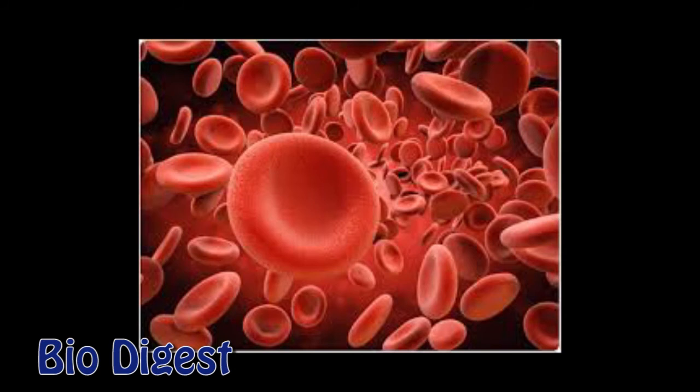Mammalian red blood cells lack nucleus, mitochondria and endoplasmic reticulum. Loss of nucleus makes the red cells biconcave, thus increasing their surface area to volume ratio for absorbing more oxygen.